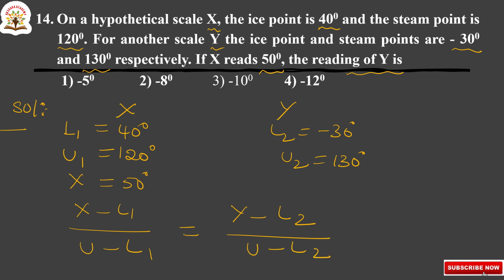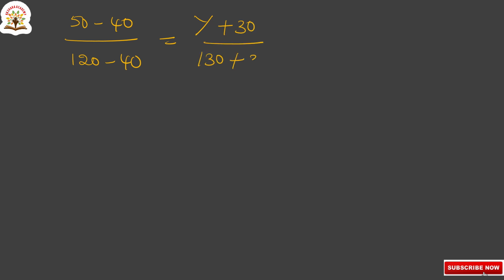Now substituting the values, we get (50 minus 40) by (120 minus 40) is equals to (y minus of minus 30) by (130 minus of minus 30). That is 10 by 80 is equals to (y plus 30) by (130 plus 30), which is 160. The zeros get cancelled, 8 ones are 8, 8 twos are 16.